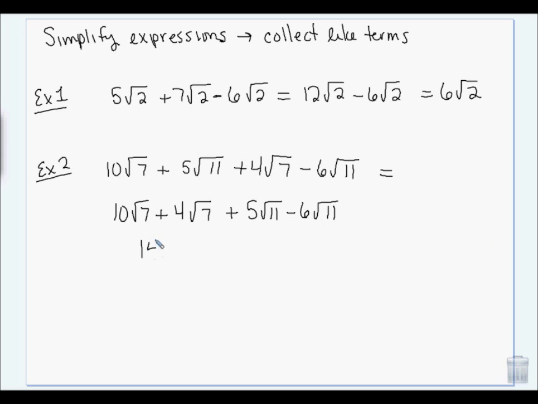So 10 plus 4 is 14 times the square root of 7. 5 minus 6 is negative 1 times the square root of 11, but in the same way that you don't put the 1 in front of a variable, you don't have to put the 1 in front of the root either.